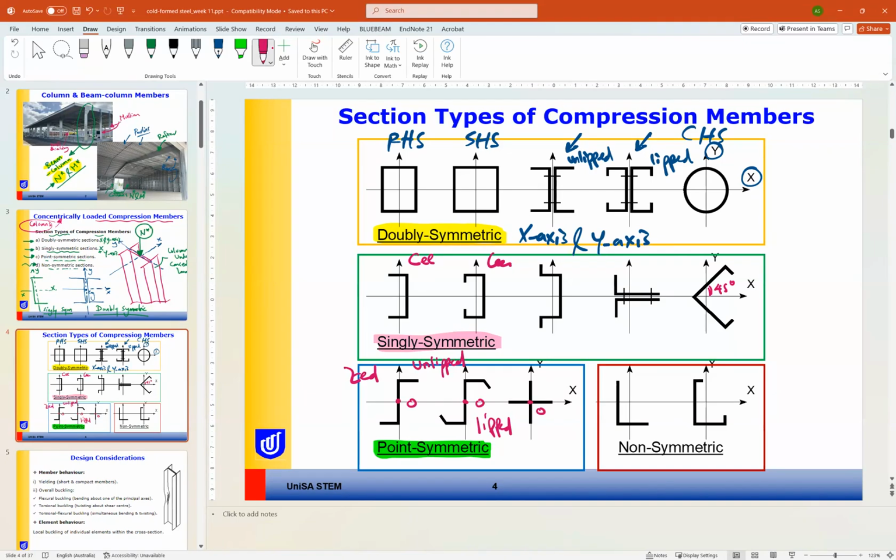So we have the Z mainly in our calculation. Z is point symmetric. Single channel is singly symmetric. Double channel is doubly symmetric.